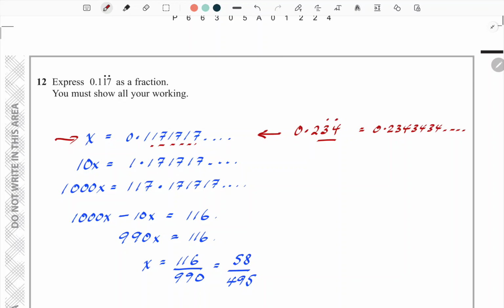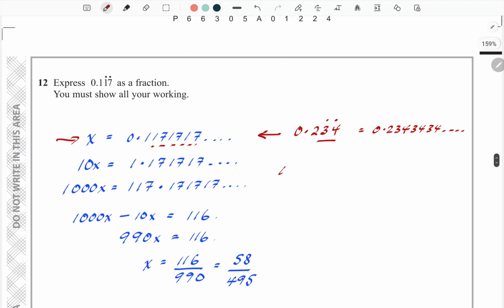So that gives us 117.171717, etc. The object is to line up the repeating units, or repeating numbers if you like. So you need to work out what powers you're going to multiply by, 10, 100 or 1000, in order to line up those repeating digits. So in this case, it's 10x and 1000x.